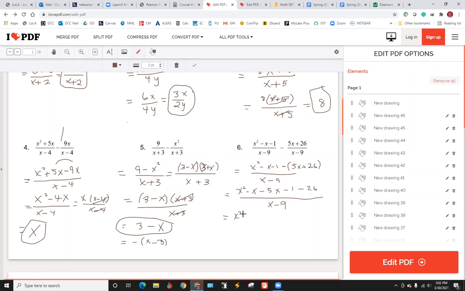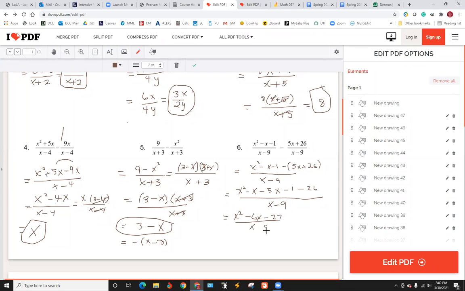So negative x and negative 5x is negative 6x. And then negative 1, negative 26 is negative 27.